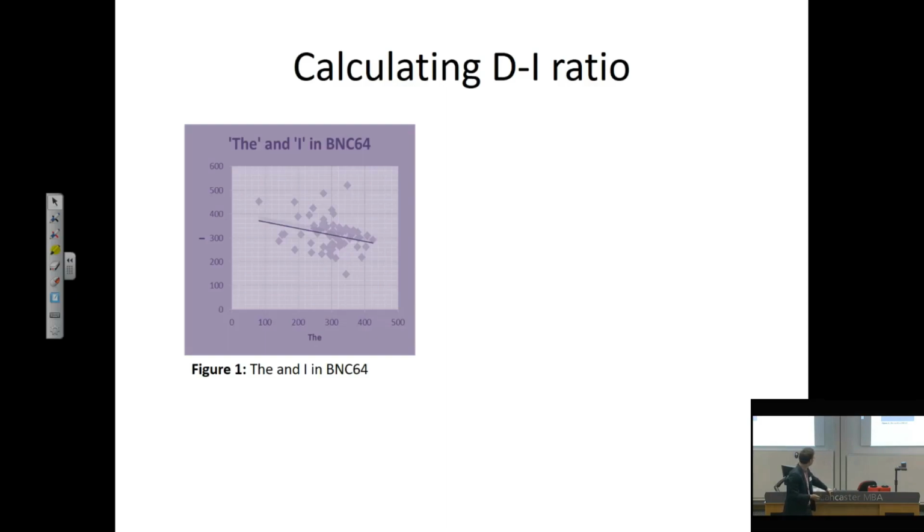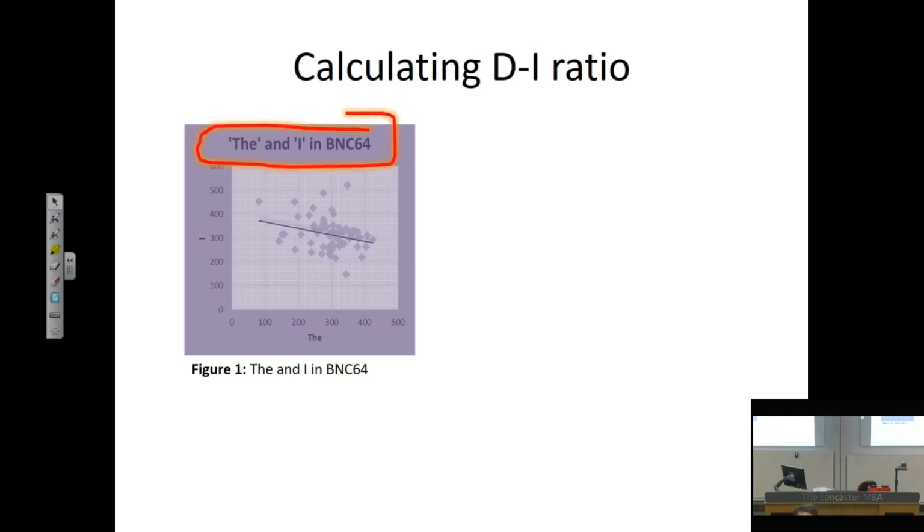So if we were to calculate the data-ink ratio, by the way, this is a scatter plot plotting the definite article on the x-axis and the personal pronoun I on the y-axis, just seeing the relationship between these two.